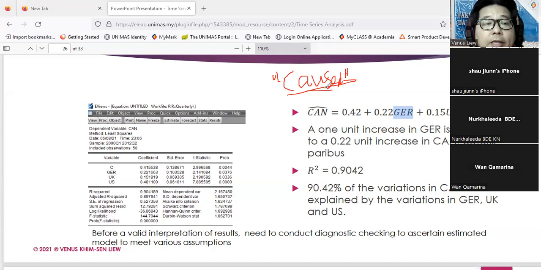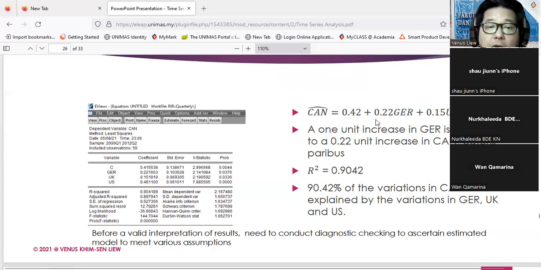We don't know whether that is caused by the factors or not. We just show there is some relationship, association. Causality is another topic in time series analysis. So that is one of the interpretations.